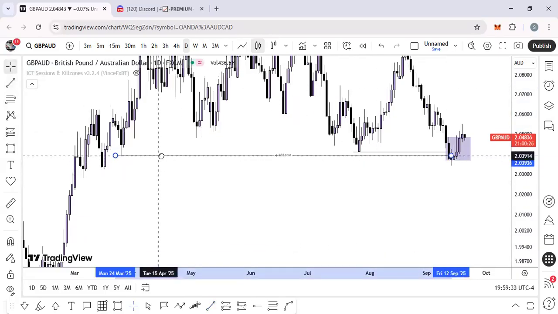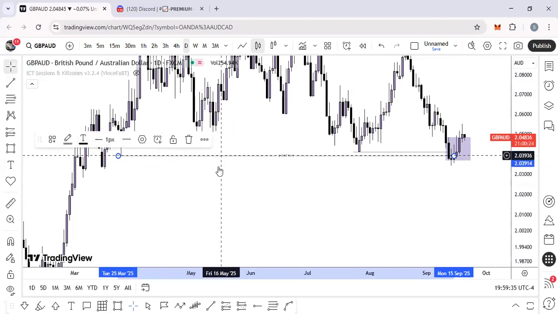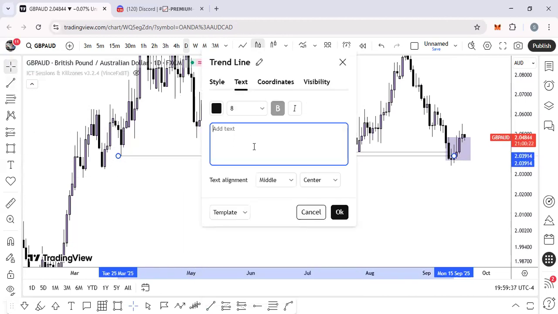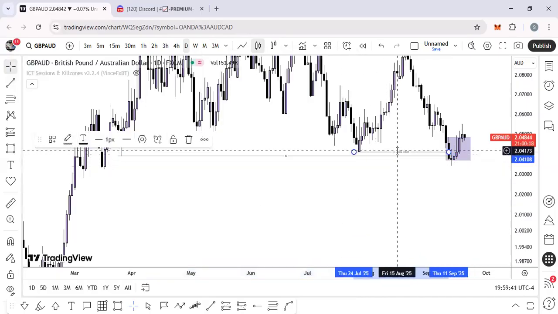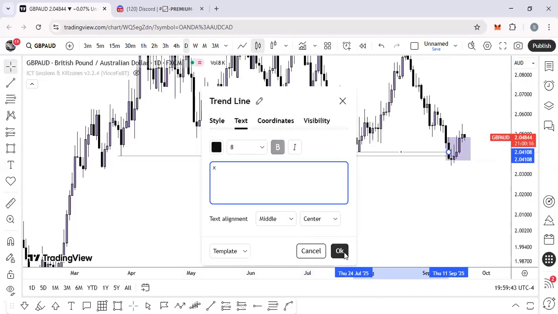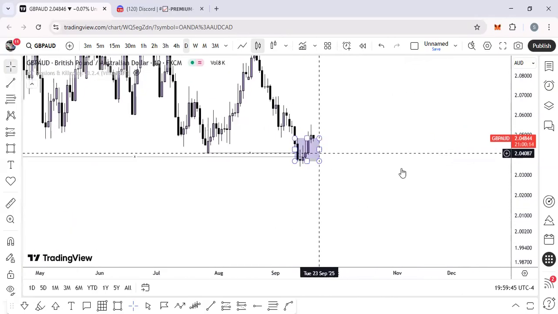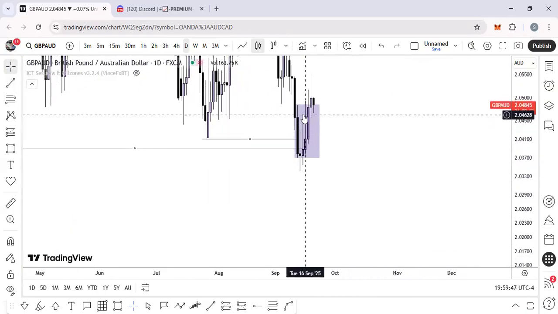Sell side liquidity was taken twice, once here, the other here. And it should be a big candle.